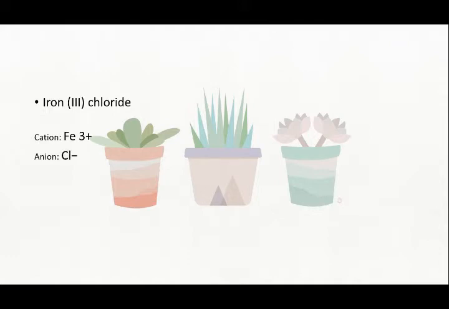Then, we need to balance the ion charge. To balance the charge, we need to multiply the Cl ion by 3. So, the formula for iron(III) chloride is FeCl3.